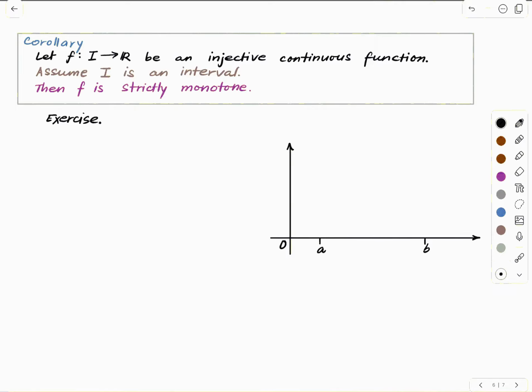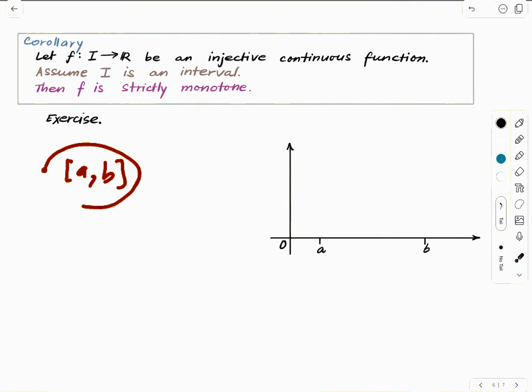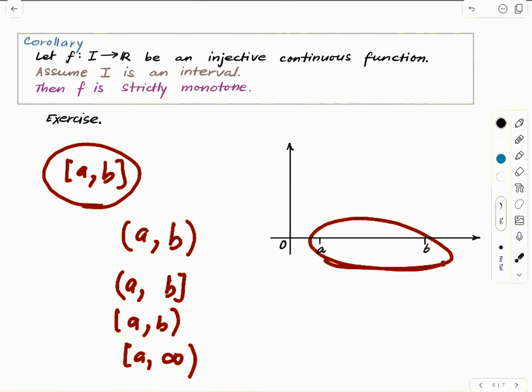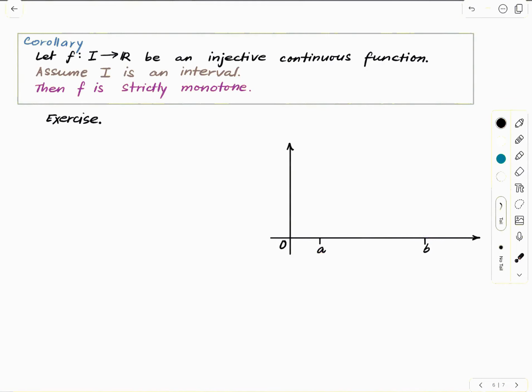Basically, suppose a and b were endpoints of the interval. If the interval is already this, then this is exactly the previous case. Now you can make 4 cases. Either the interval looks like that, or it looks like this, or it looks like that, or it could be something of that sort. So this diagram doesn't do it justice, but doesn't matter. You can justify for each case.